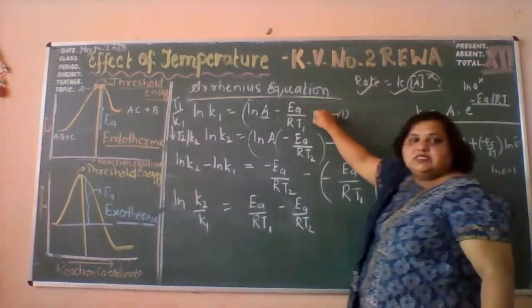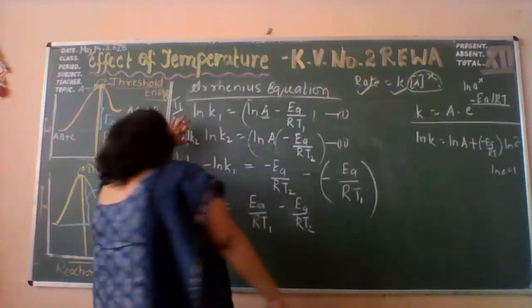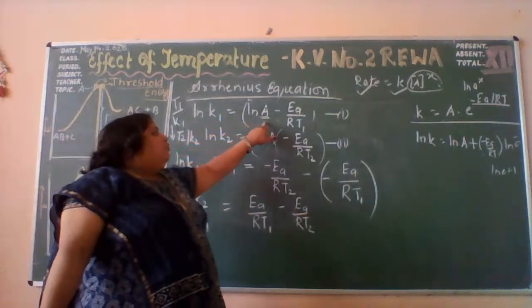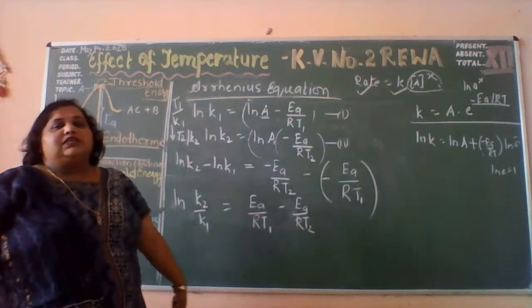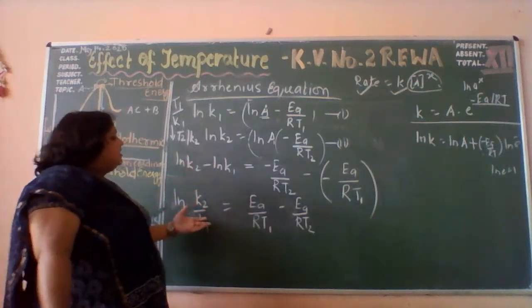We have come to this equation: log K1 = log A - Ea/RT1 if the temperature is T1, and similarly if the temperature is T2.